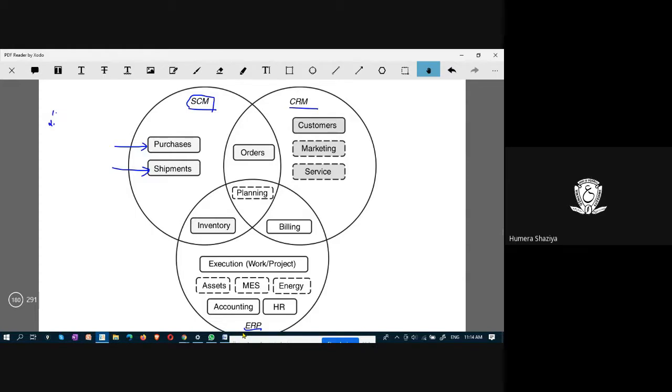If the customer doesn't place any order, where is the question of shipment? So order is related to customer and shipment. This Venn diagram shows that it is a part of the intersection of SCM and CRM, common to both.